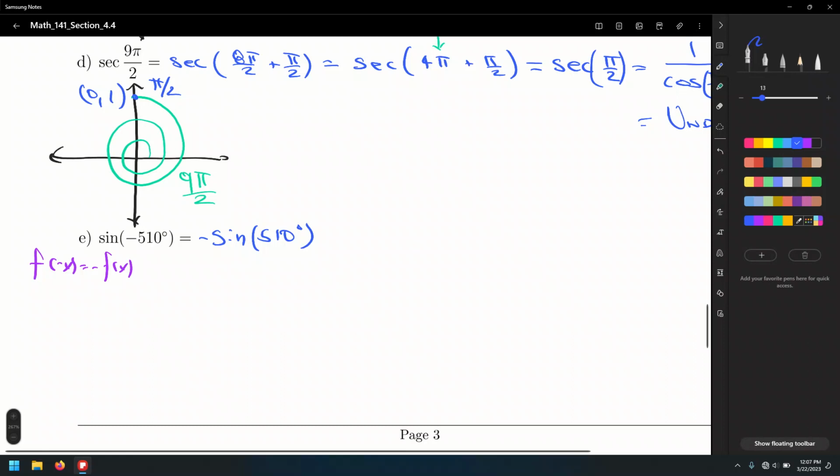So my advice here is to break up the angle 510 degrees as 360 degrees plus what number is that going to give us? 510, is that 100 and what? Or actually, is that a 210? 210 maybe? Well, I got something else here.